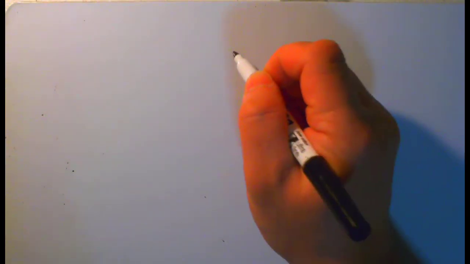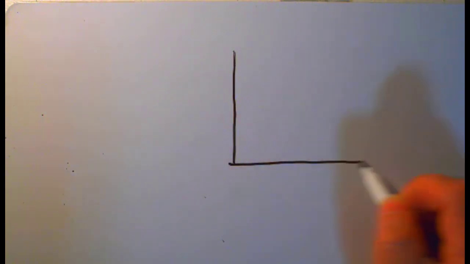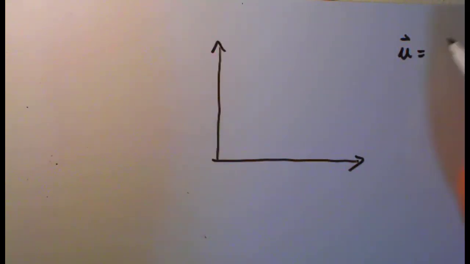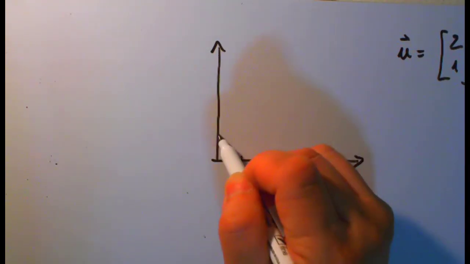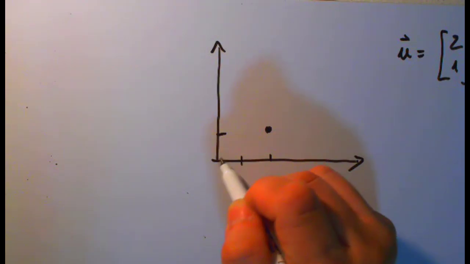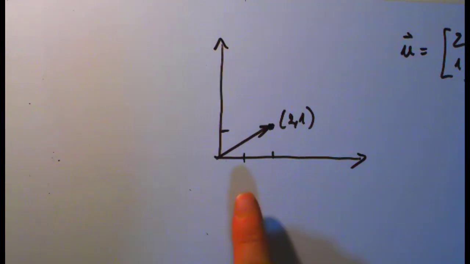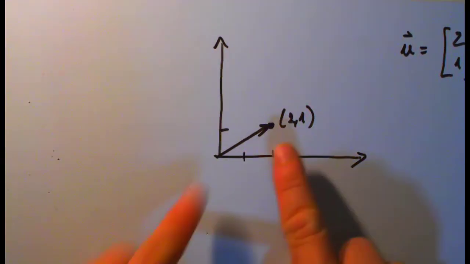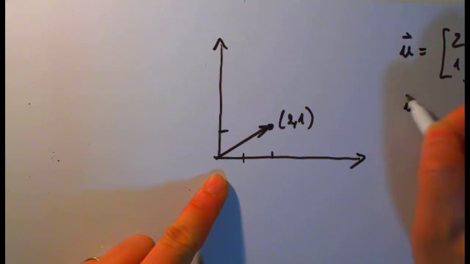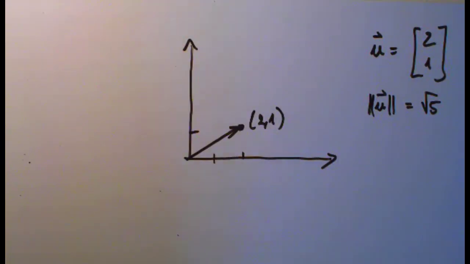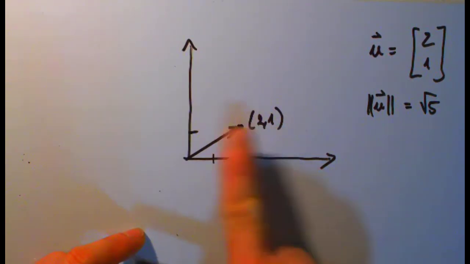So we found in the example that for the vector with components 2, 1 in R2, we can understand that as a vector pointing from the origin out to the coordinate point 2, 1. And the length of this vector is the square root of 5. Vectors have directions; that's what the coordinates are responsible for, where the vectors are pointing.